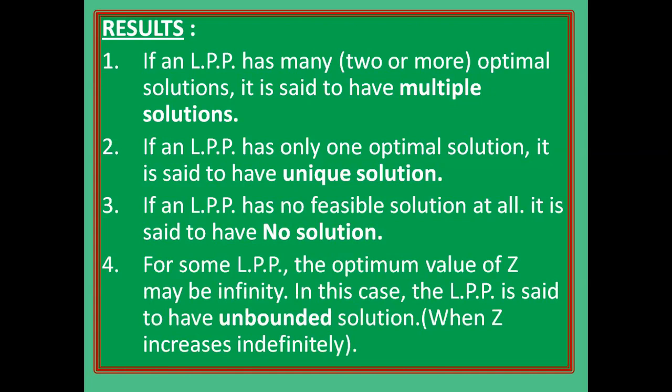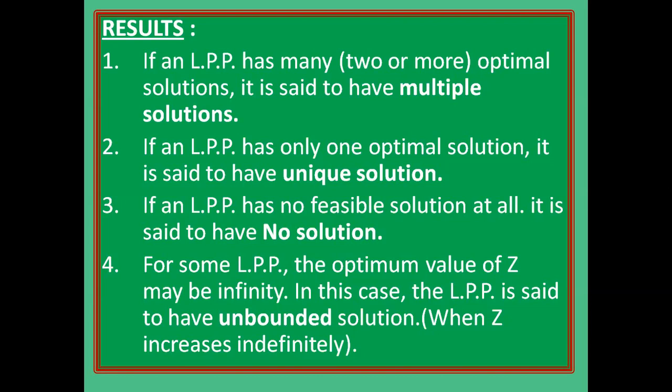The next result: for some LPP the optimum value of z may be infinity. In this case the LPP is said to have an unbounded solution, when z increases indefinitely. This is nothing but, after plotting the values, getting the straight lines between them, and getting the shaded area as the feasible solution, if by chance all the constraints are of greater than or equal to kind, we'll be going away from the origin to have the feasible solution.